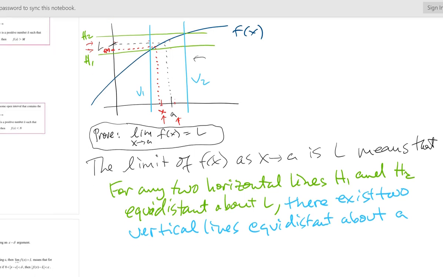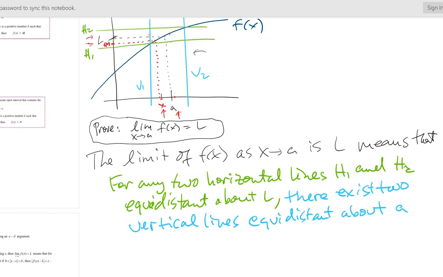Now the two vertical lines are V1 and V2, but V1 can't equal V2.